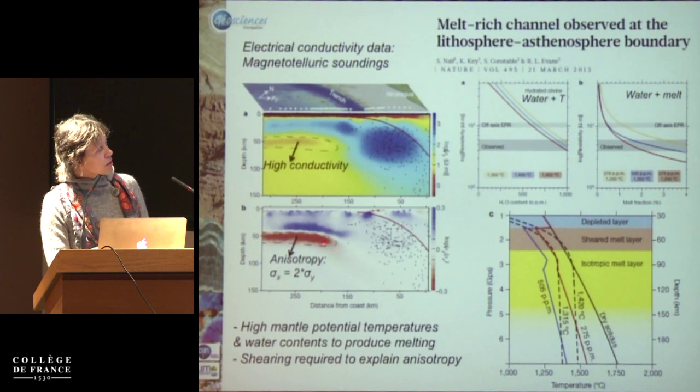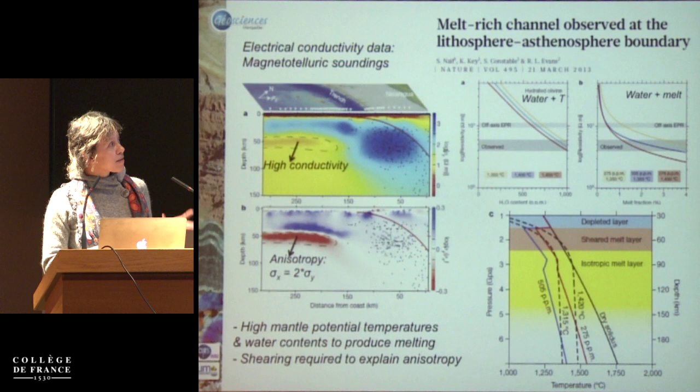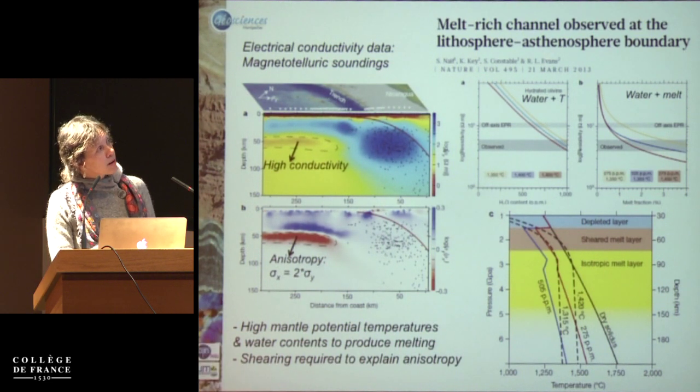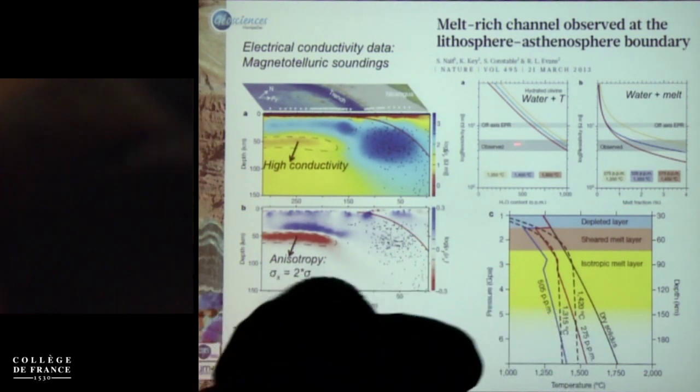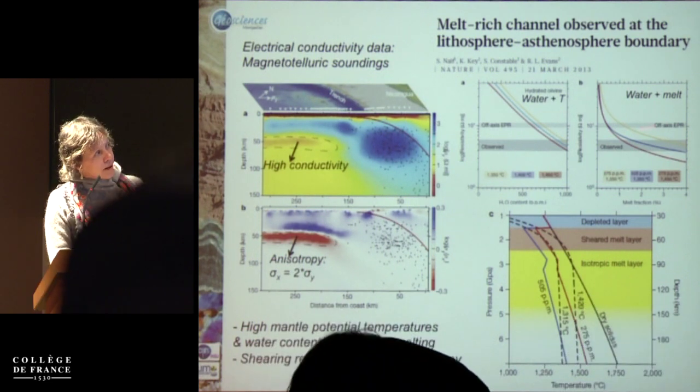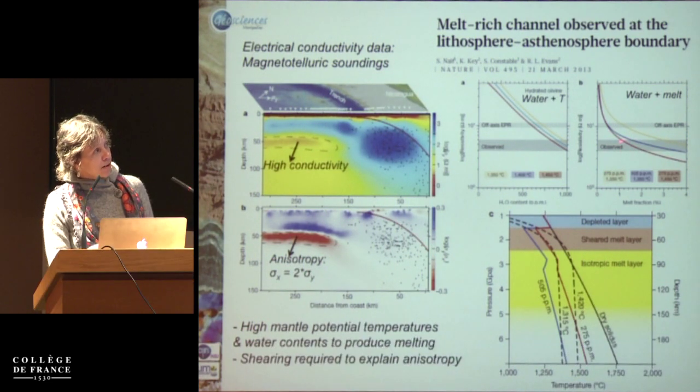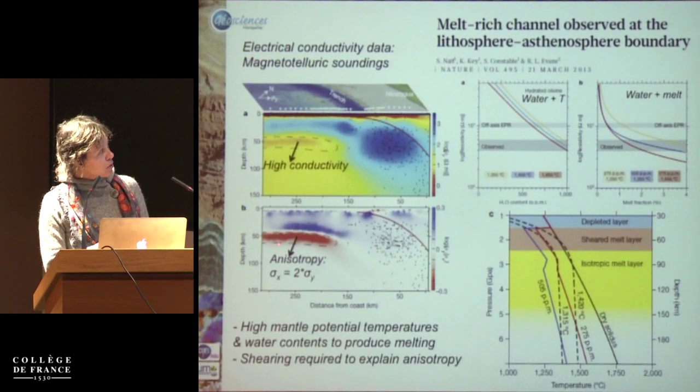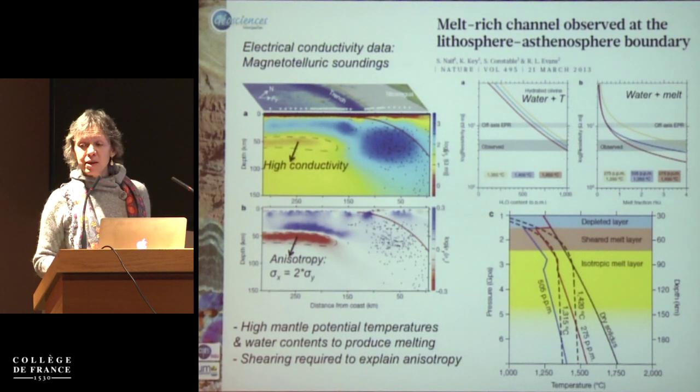The conductivity parallel to the trench is 2 times the conductivity normal to the trench. Water alone cannot explain this data. You get a better explanation of the observations if you add water and melt. And if you want to explain the anisotropy, you also need the melt to be organized, to be aligned.